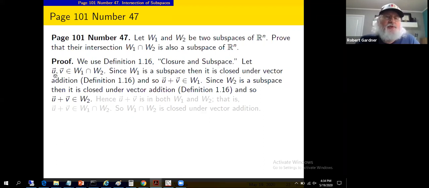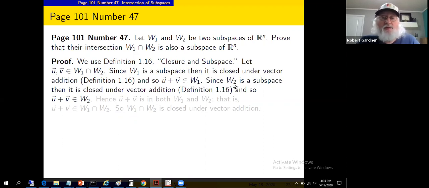So take two vectors, u and v, in W1 intersect W2. All right. That means u and v are both in W1 and they're both in W2. Well, W1 was given to be a subspace of Rn. So it's closed under vector addition. So if u and v are in W1, then u plus v is in W1. Same thing for W2.